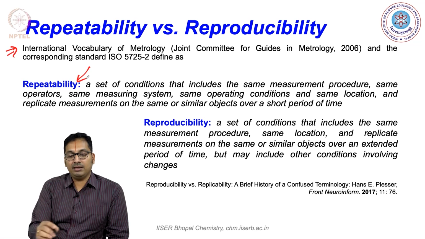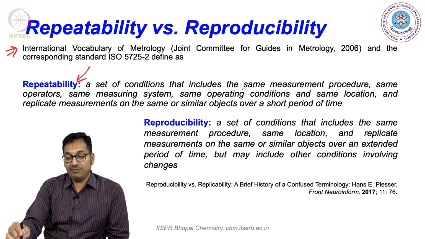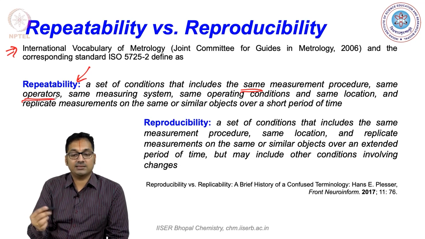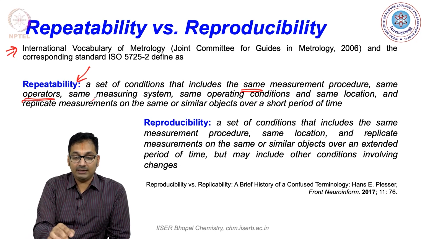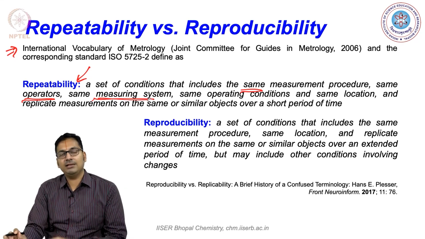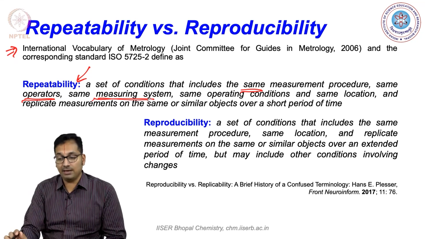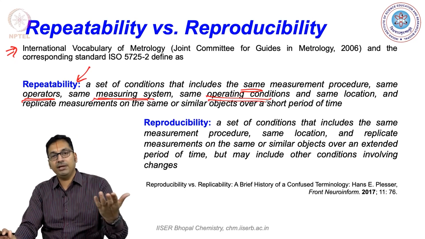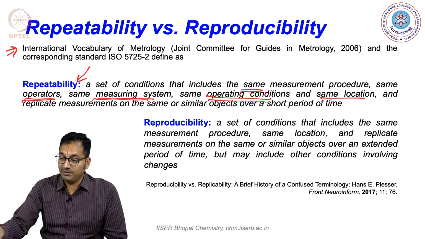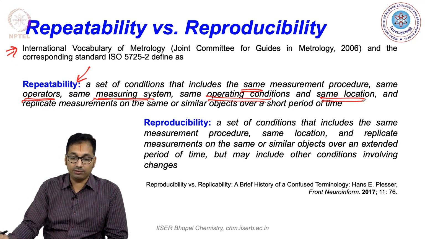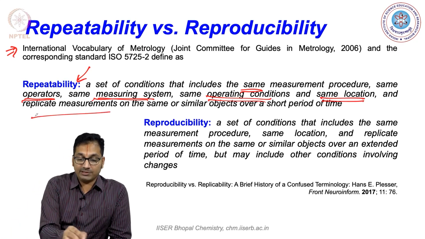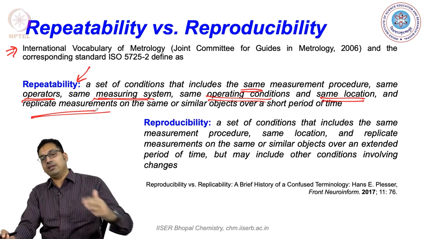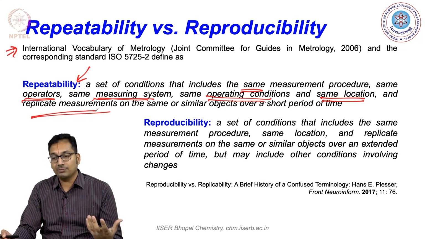Repeatability is a set of conditions that includes the same measurement procedure, same operators, meaning the same kind of person doing it, and same measurement system, meaning that if you are taking a certain weighing balance, you take the same weighing balance, the same operating conditions in terms of temperature, pressure, pH, ionic strength, the same location, meaning that you do it in the exact same laboratory, and replicate measurements. So this is essentially what they are trying to mean, meaning that if you keep repeating it with everything remaining the same, how much variability comes into place.